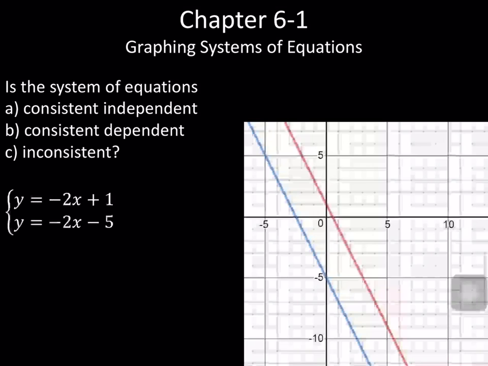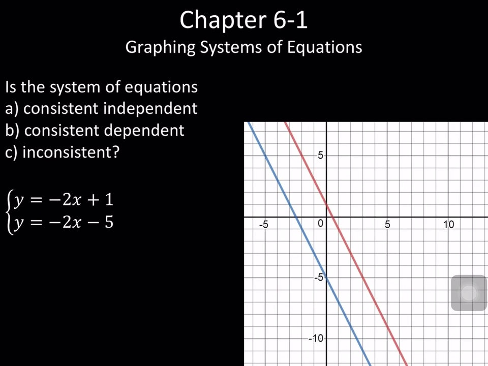So here we go. One intercept is at positive 1. One intercept is at negative 5. But they have the same slope. And so this system is inconsistent. These two lines are never going to touch.